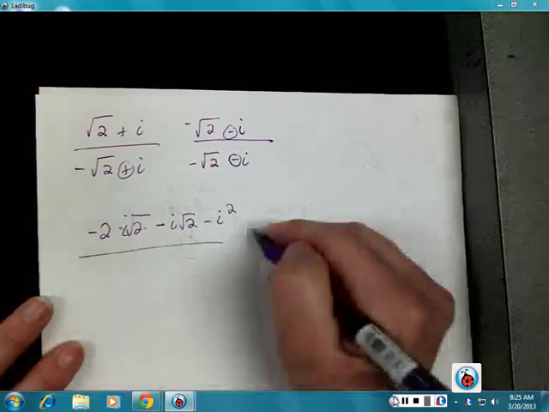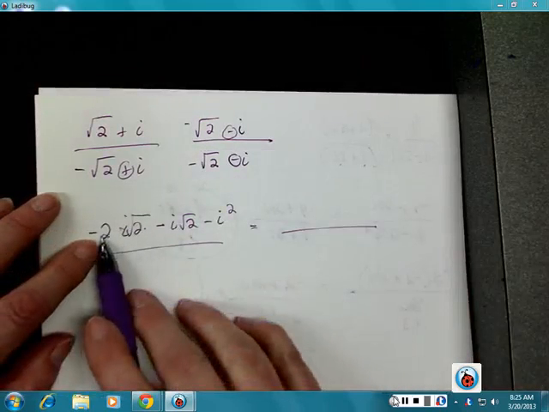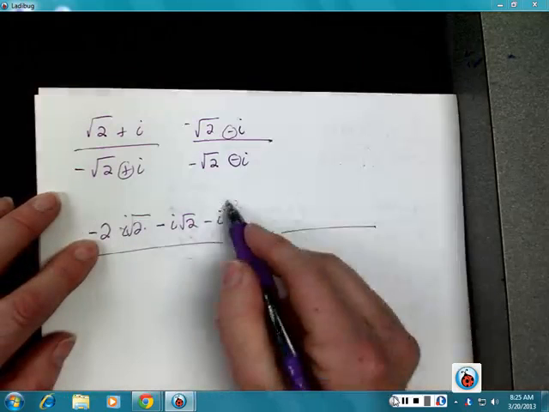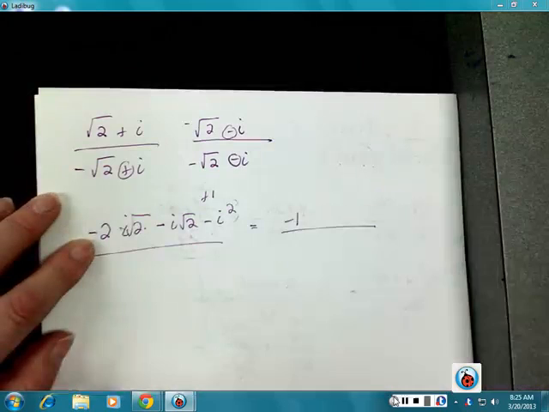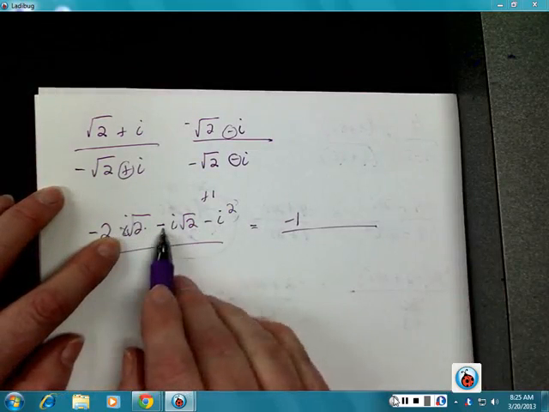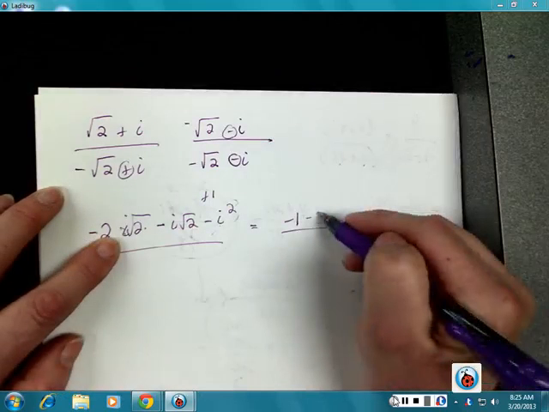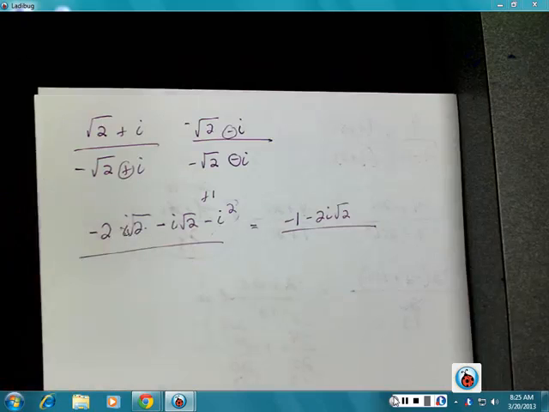And so we'll finish up what we got on the top and then we'll go to the bottom. Negative 2, this is going to become a positive 1. So negative 2 and a positive 1 is really a negative 1. Negative 1i square root of 2 and a negative 1i square root of 2 is really a negative 2i the square root of 2. So that's what's in top.